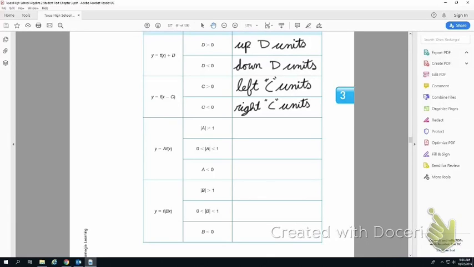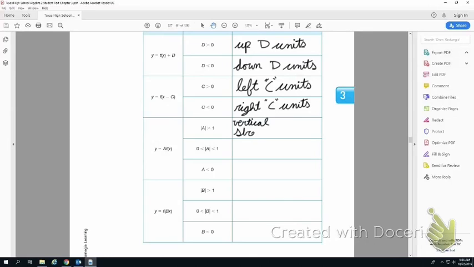Avery, if the a value is greater than 1, what is that transformation going to be? If it's a, is it vertical or horizontal? Vertical. If it's greater than 1, is it going to be a stretch or compress?